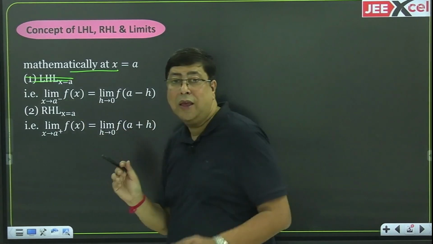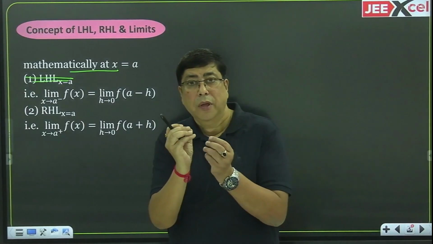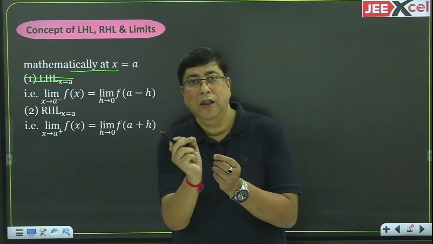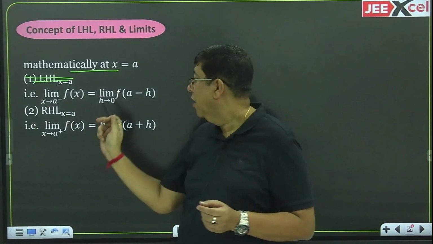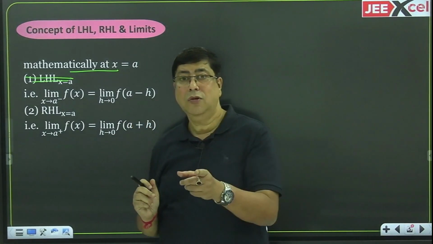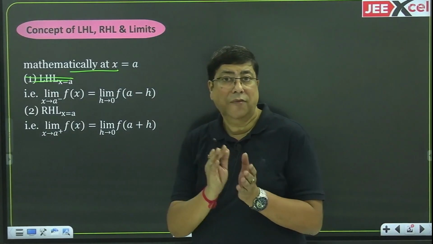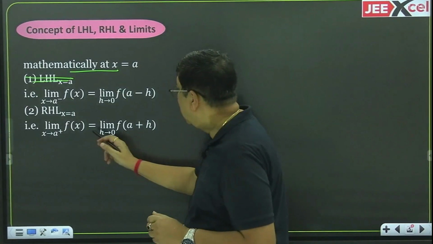Okay, a minus h, where h is a pre-assigned positive quantity. That means x is moving towards a, just lesser than a, a little before it, and h is near the value 0. And remember one very important concept I am telling you: h is always a positive quantity, for the left-hand limit as well. And the right-hand limit is what?